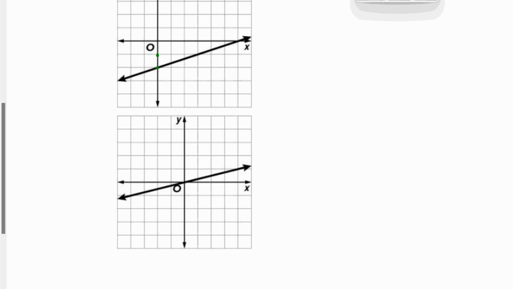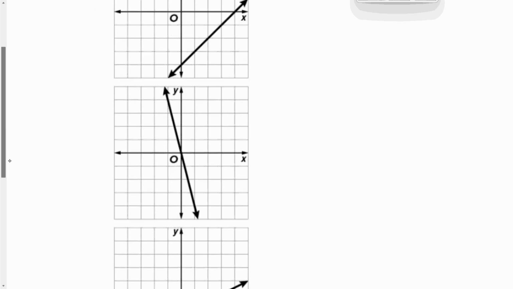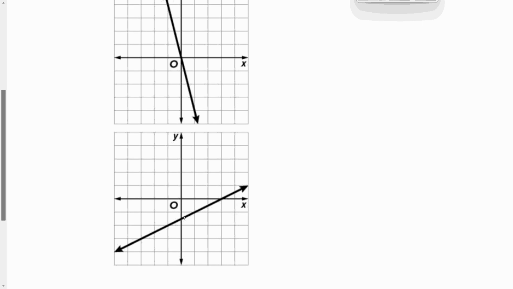That one's 0, so it must be on the next page here. Got a couple more. There we go, 1.5, and then up 1 over 2, boom, right there. Okay, so this is y equals 2x plus 3, I think.